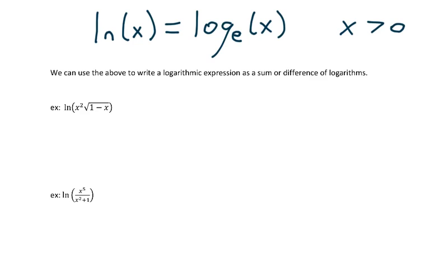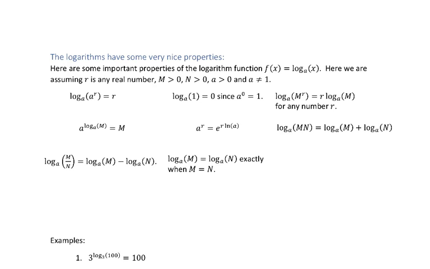But anyway, from here, remember, we have a natural log of a product, right? We have ln of x squared times the square root of 1 minus x, like so. If we went back to the properties, what we have here is log base a, in this case a is e, of m times n.